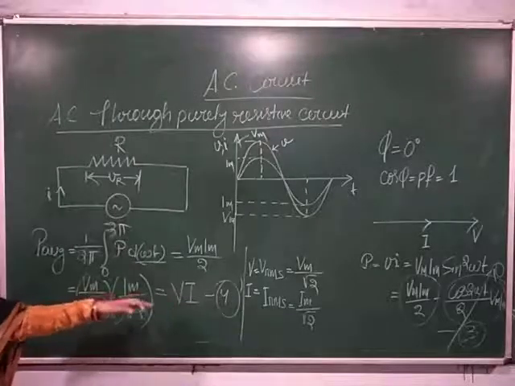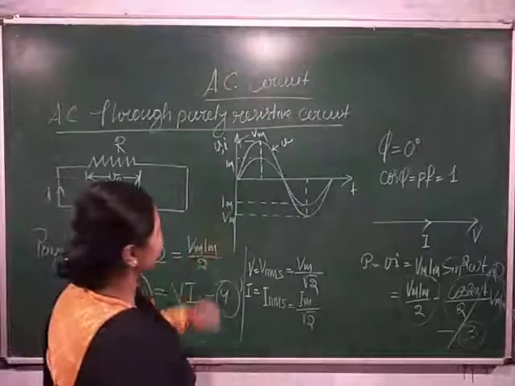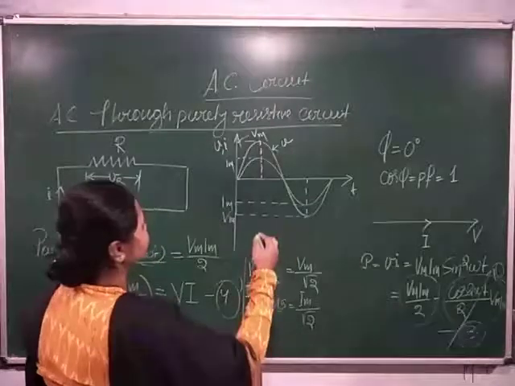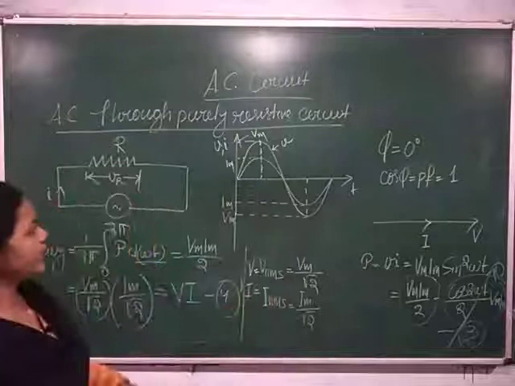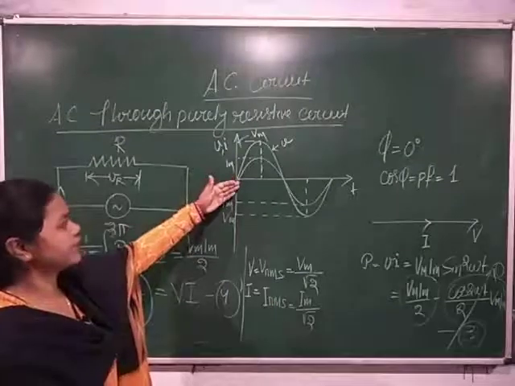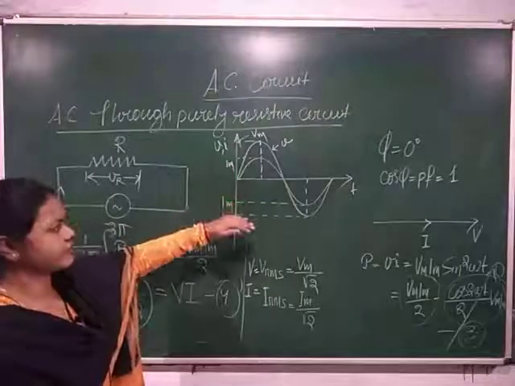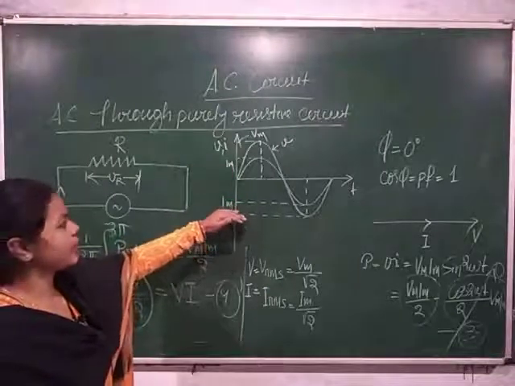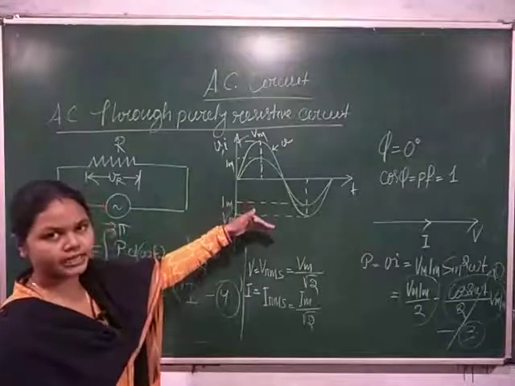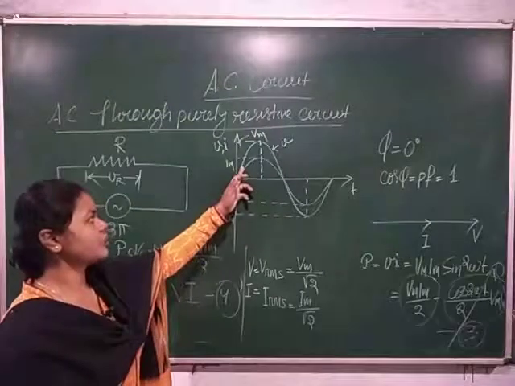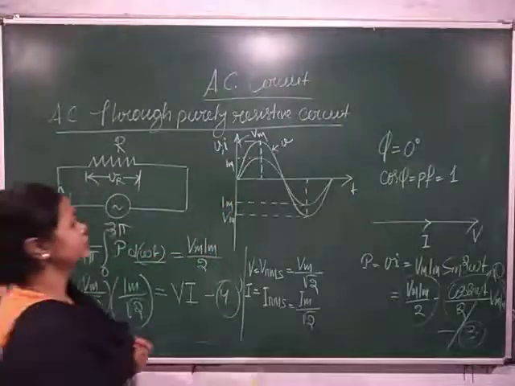And if you want to show this in the waveform diagram, at any time the voltage and current are either both in the positive half cycle or both in the negative half cycle. Hence your power waveform never goes to the negative half cycle, because the product of two positives is positive and the product of two negatives is also positive.